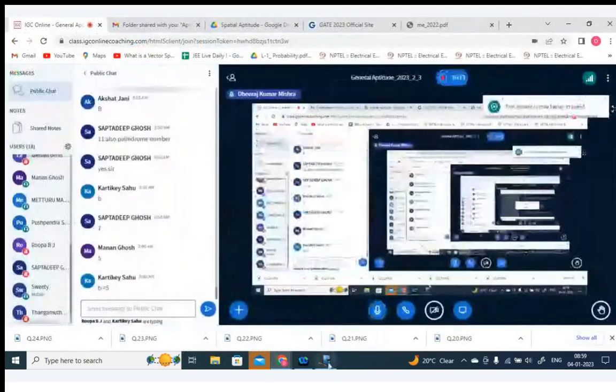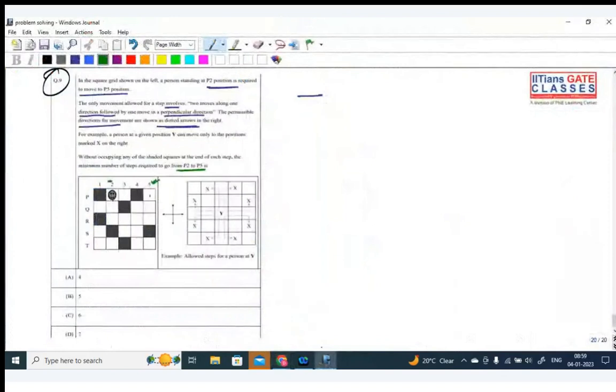Good, okay. The movement will be from P2 to P5. One thing you have to make sure is that at the end of each step, it will not occupy any shaded space.